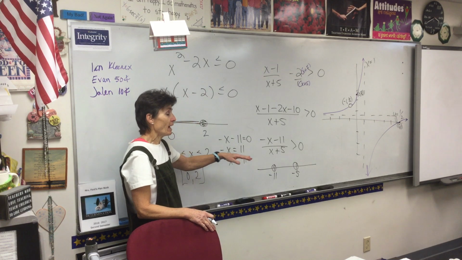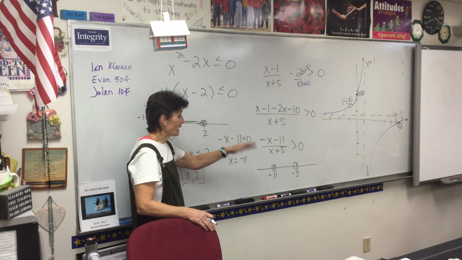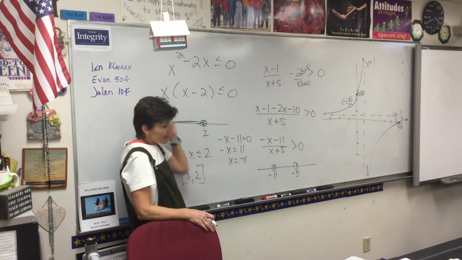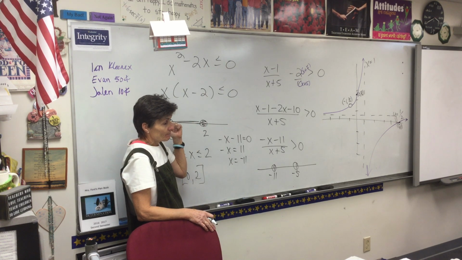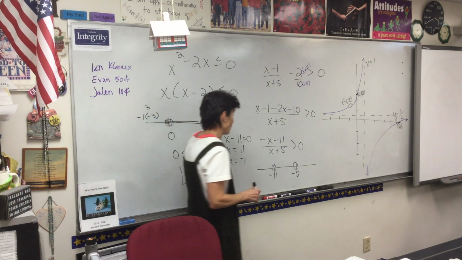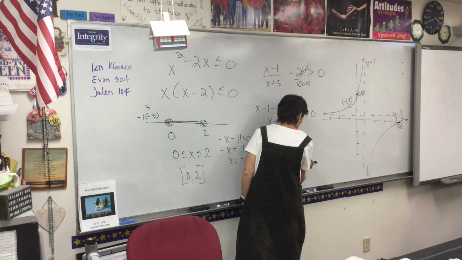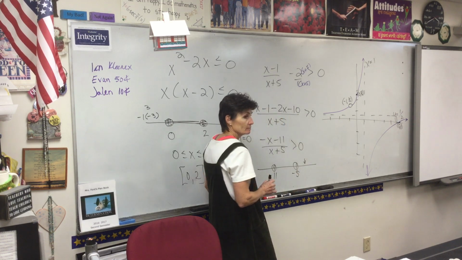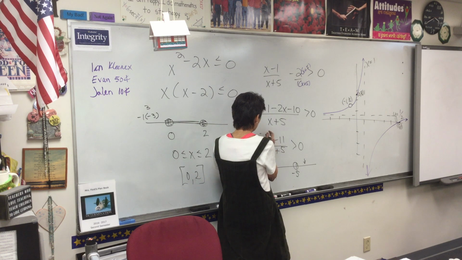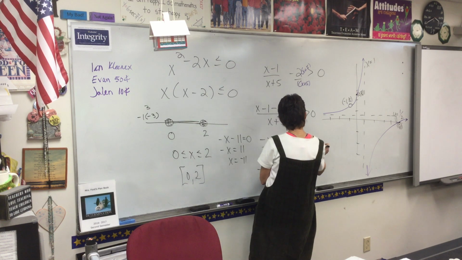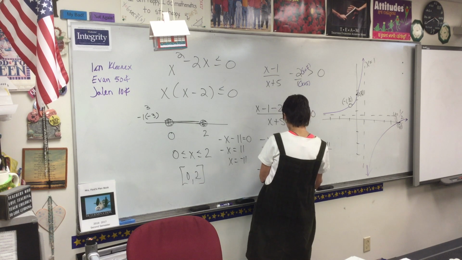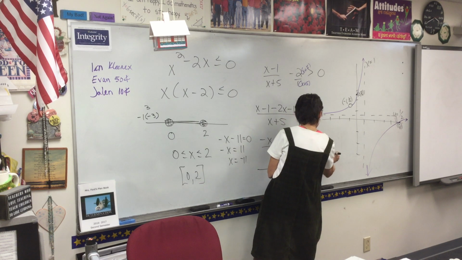Alright, so anyhow, I've got dots at -11 and -5. So now what do I do? Same thing I do every time. What number do you want to try? -4. Now -4 is out here. So -4 would be -4 minus 11 over -4 plus 5.